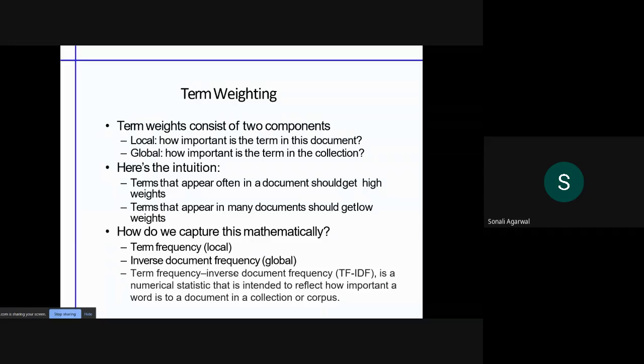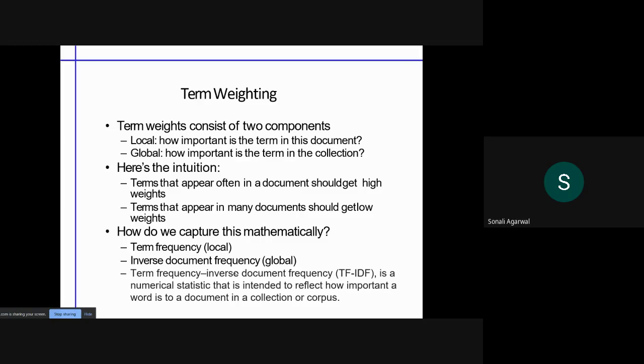There is a very common intuition in practice: we assume that terms that appear often in a document should get high weightage, and terms that appear in many documents should get low weightage. So accordingly we try to retrieve the information.